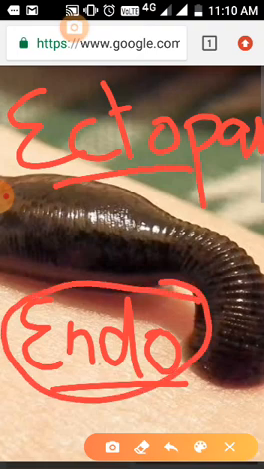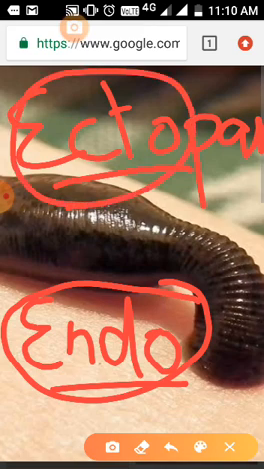So Platyhelminthes and Aschelminthes are endoparasites. They live inside the body. Okay. So Annelida, they are ectoparasites. Ecto means they live outside the body. इसमें जितने भी parasitic होंगे, सारे parasitic नहीं हैं, but जितने भी parasitic होंगे, they are living outside the body.